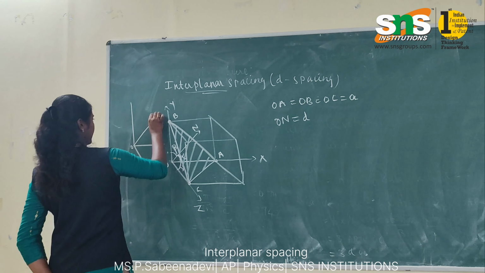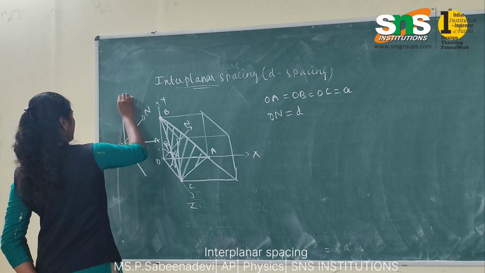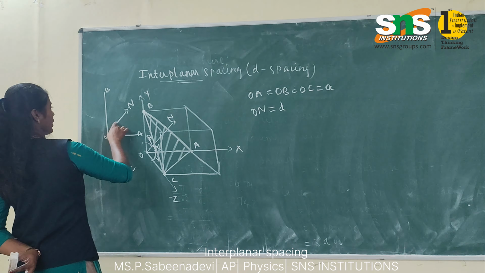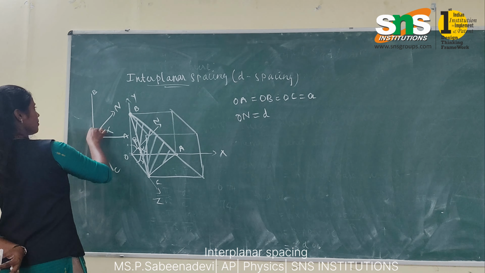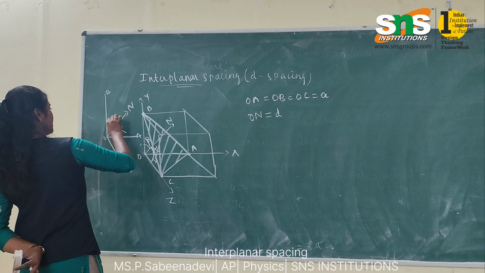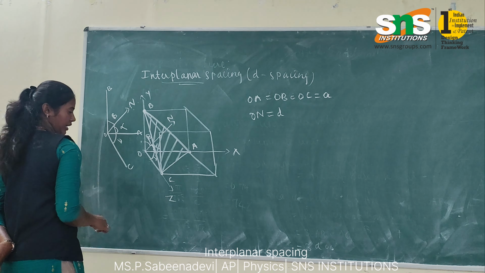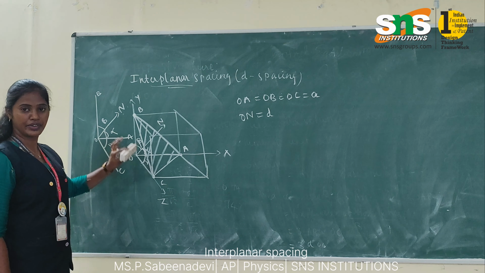So this is ON, and this is OA, OB, OC. The angle between OA and ON is alpha. The angle between OB and ON is beta. The angle between ON and OC is gamma. These are the three different angles, and the axes are perpendicular to each other.